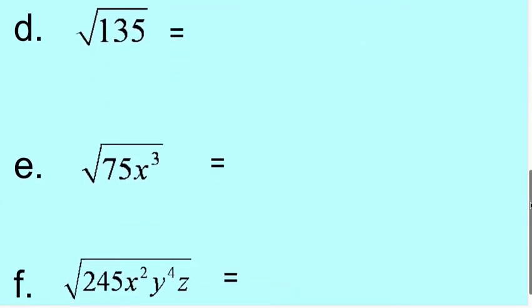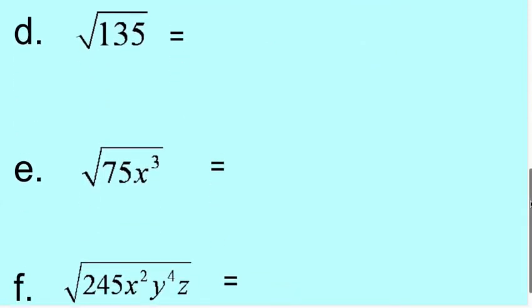All right, let's jump down to 135. 135 is not a perfect square with anything. So if I started with just trying to divide by 2 with 135, I don't get a nice number. So let's try dividing it by 5. I get 27. So let's just start with 5. So here's my index of 2.